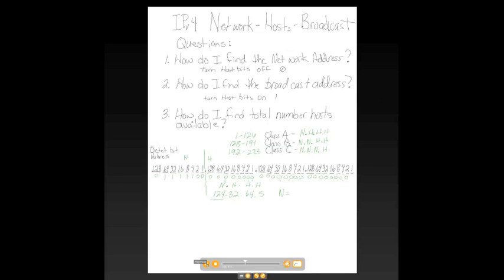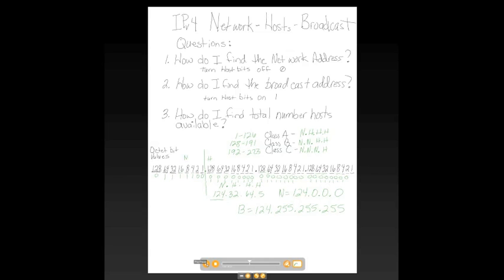So our network address is 124.0.0.0. To find the broadcast address, we simply take all the host bits and turn them on. If you add up all the values that we turned on through all the host bits, our broadcast address is 124.255.255.255.